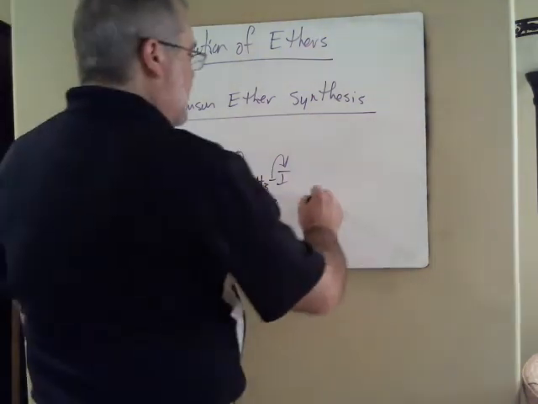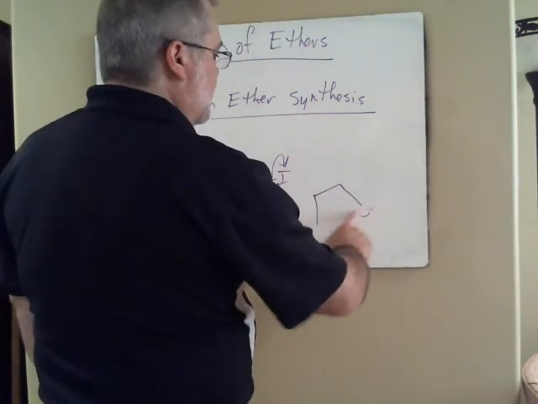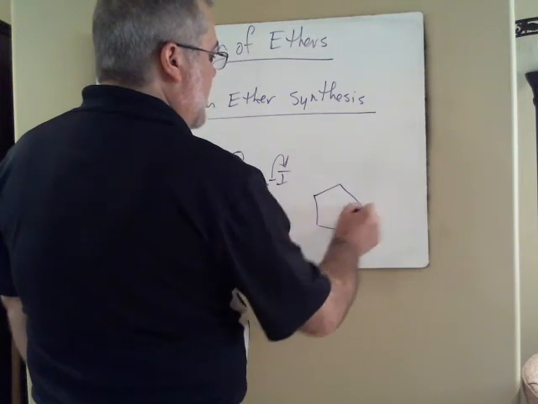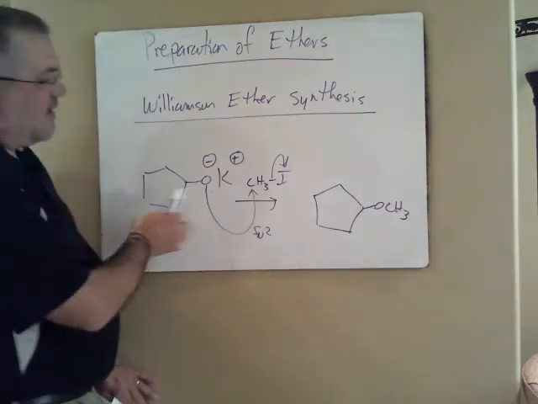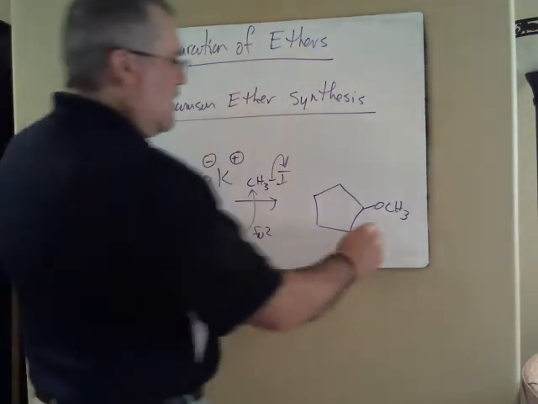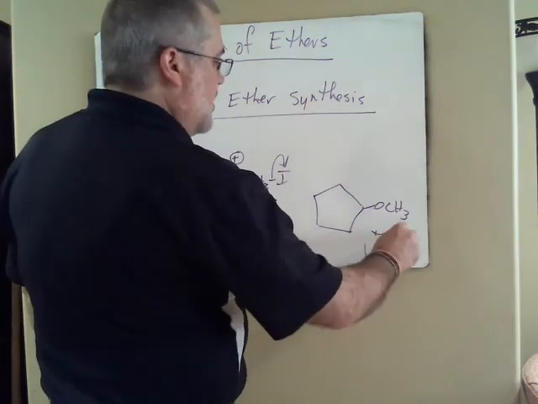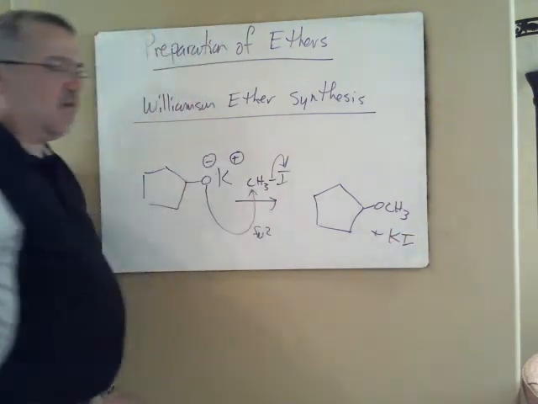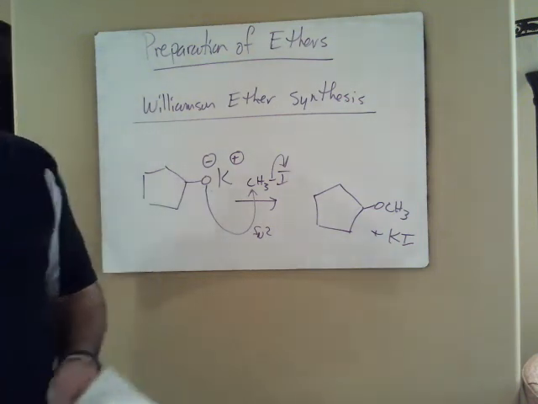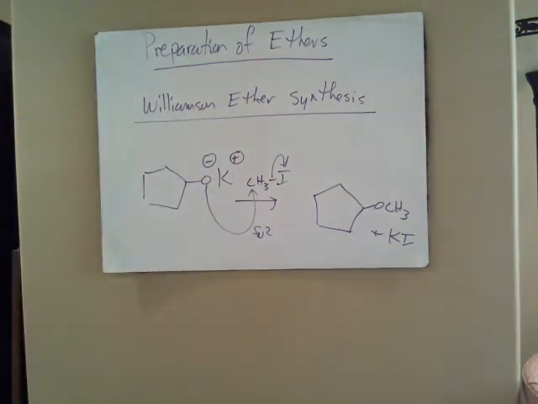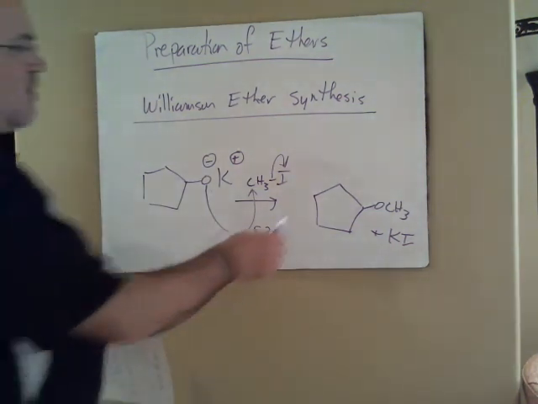And that would give us this substitution product, where the nucleophile has substituted for the halide, and then your counterion would just be associated with the leaving group, potassium iodide. So just a really straightforward, simple SN2 reaction that gives an ether as the product.